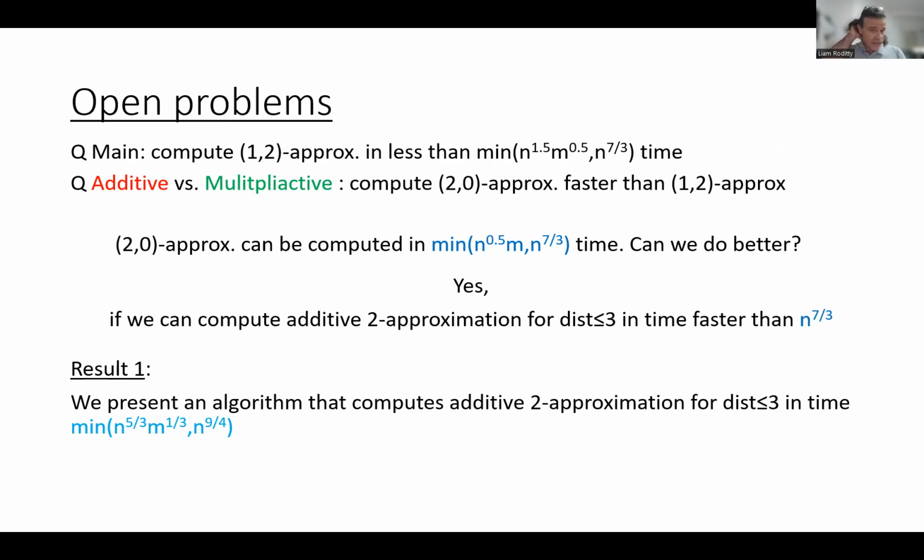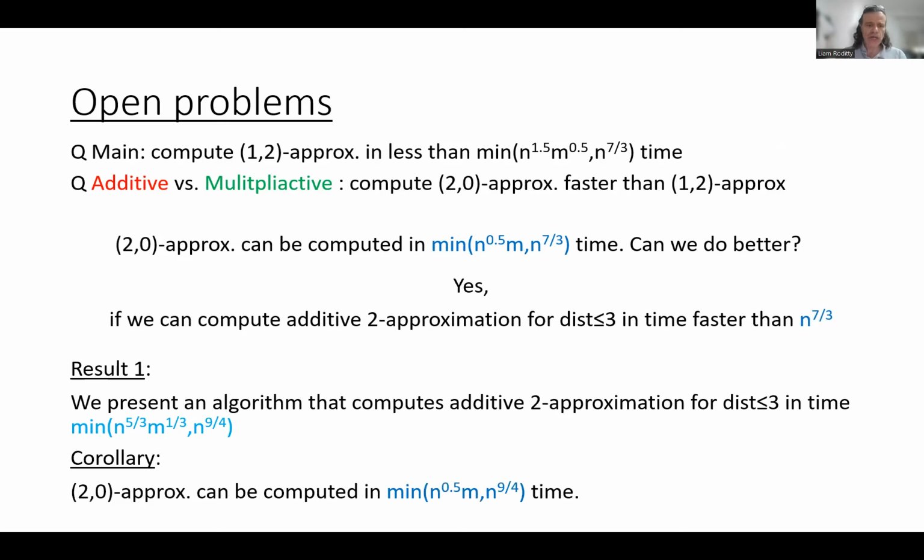So the first result is that we can do this in this running time. And the outcome of this result is that we can get a 2 approximation in a better running time for the dense case.